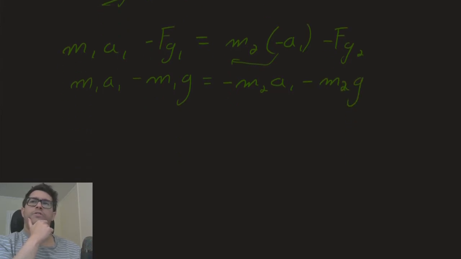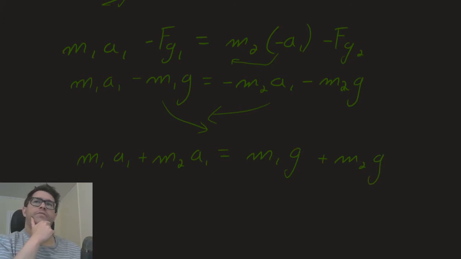From here, we are going to put all the A's together and all the G's together. M1A1 plus M2A1 is equal to M1G plus M2G.